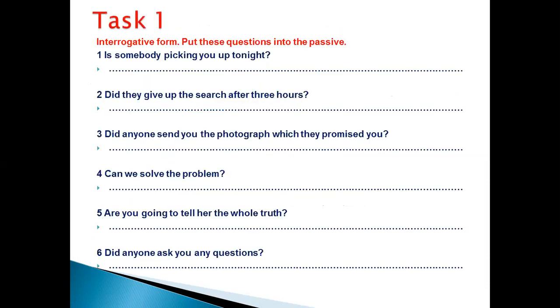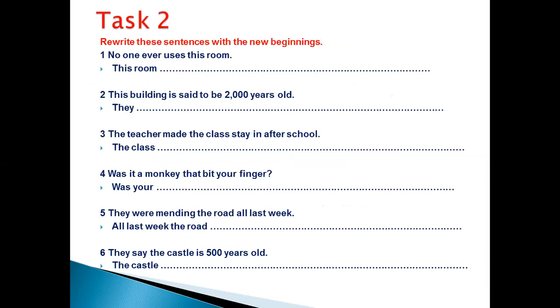This is your task one. It will be your homework. Please do it and send it to me, and I'll correct it and tell you your mistakes. I'd like you to put all these questions into the passive form. The next one is task two.